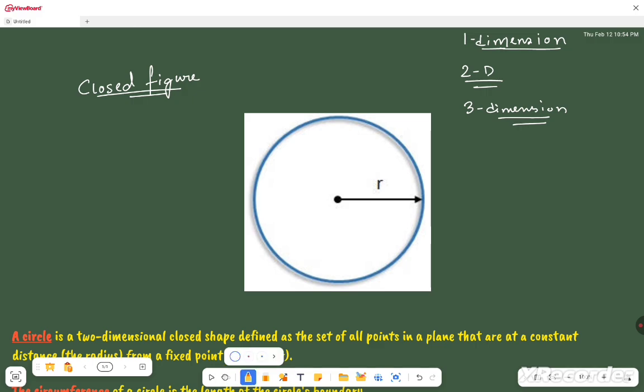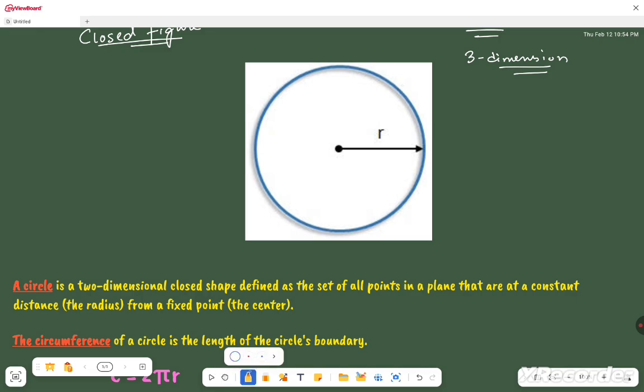Now what is a circle? We have a very beautiful, bookish definition. Let's read it out first. A circle is a two-dimensional closed figure or closed shape defined as the set of all points in a plane that are at a constant distance from a fixed point, that is the center.